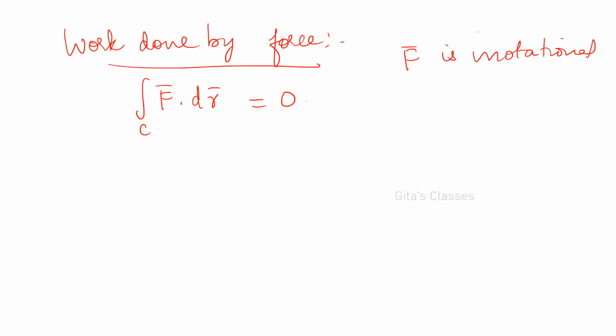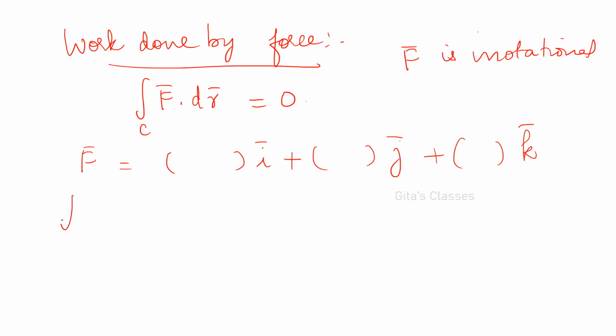Sometimes the problems will be given like this: F is equal to some function of xyz into i, some function of xyz into j, plus some function of xyz into k.